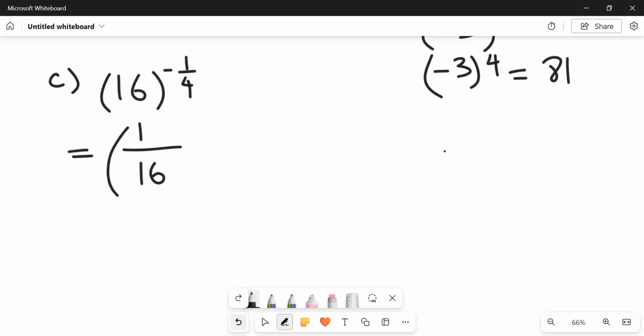For making it a positive power, we write this number 16 in the denominator. So it will be positive 1 over 4.